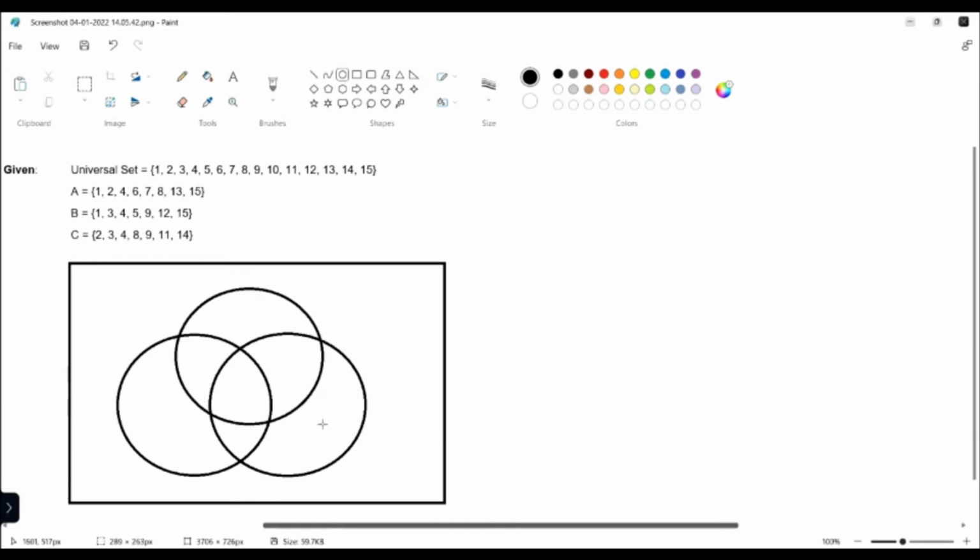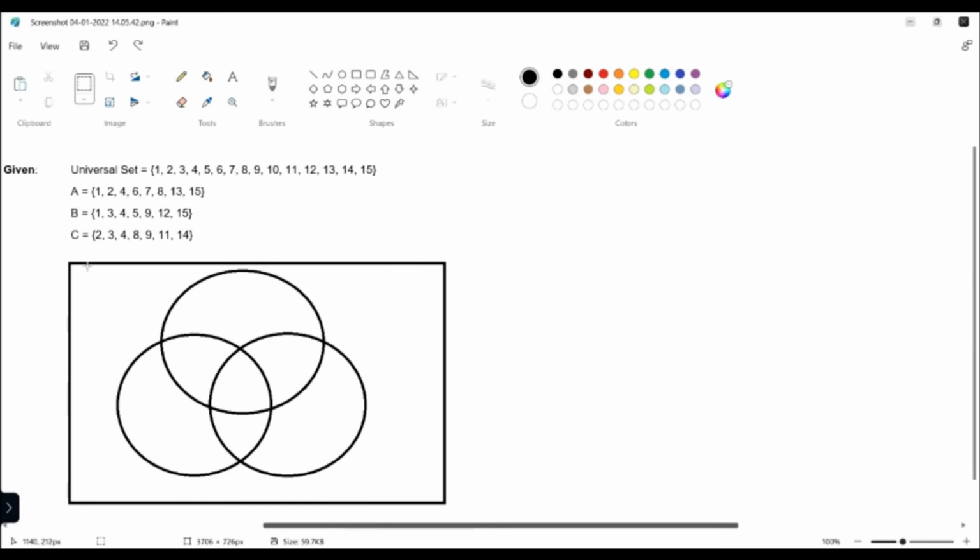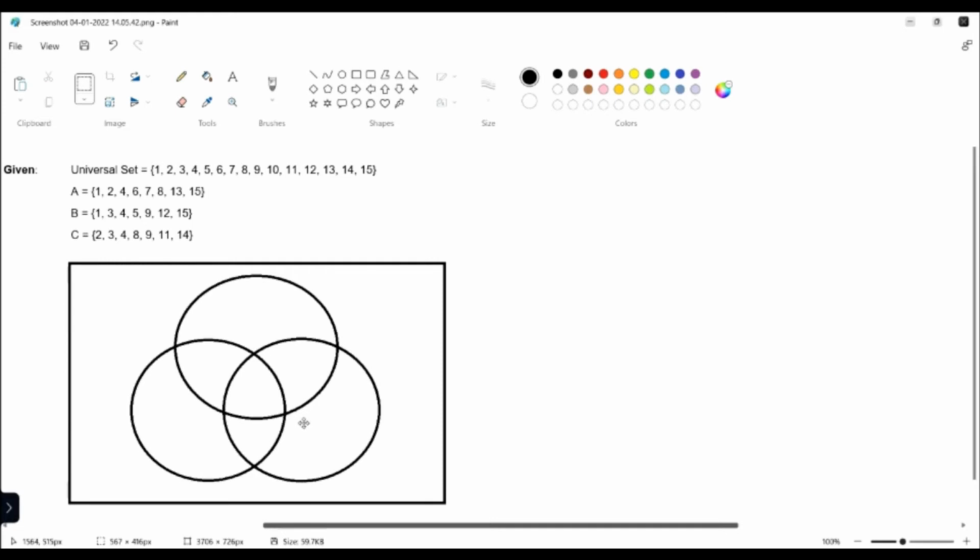We have C. Okay, let's name them. This is our universal set, U. This is, let's say, A. This is B. And this is C.